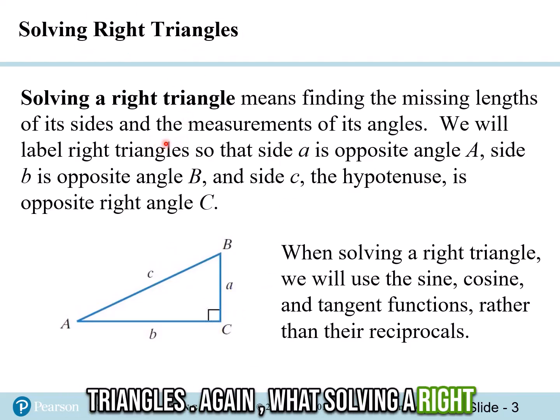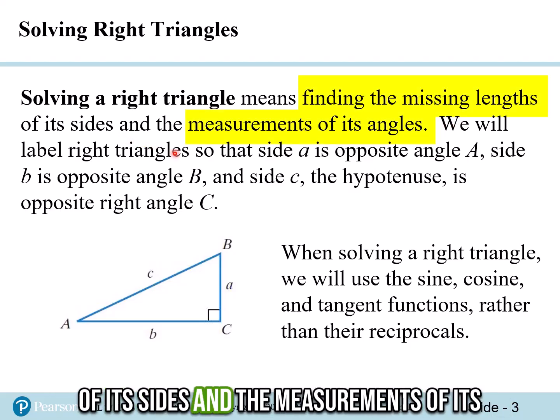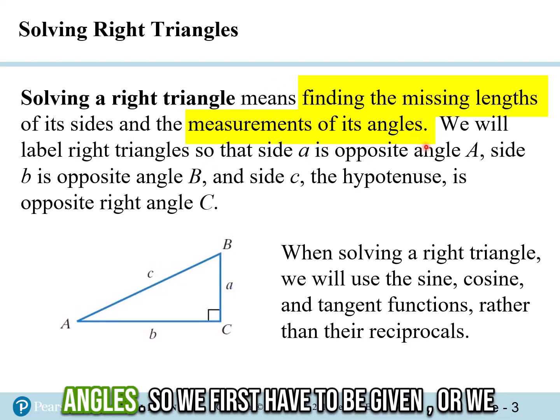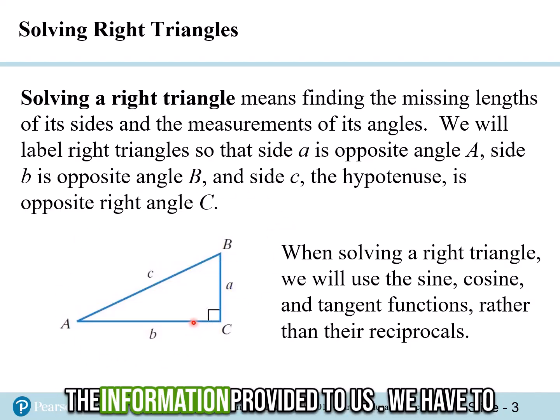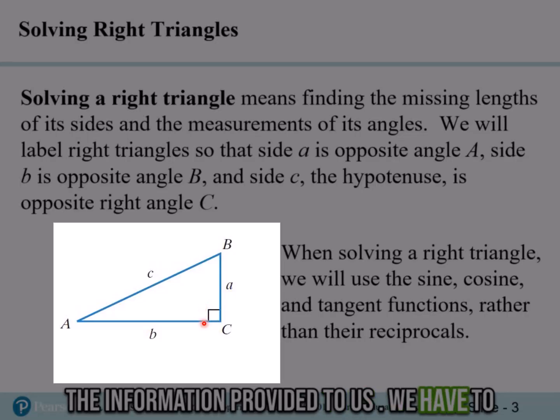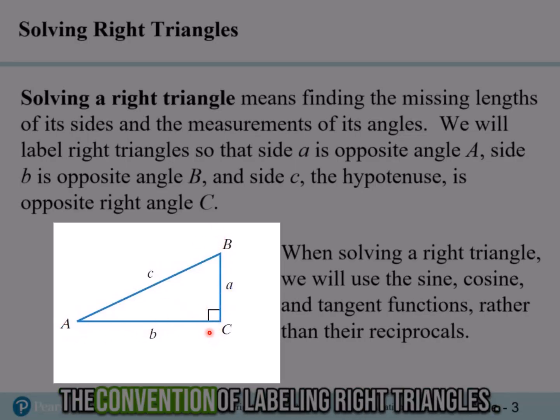Again, what solving a right triangle means is finding the missing lengths of its sides and the measurements of its angles. So we first have to be given, or we have to first draw a right triangle based on the information provided to us. We have to label the different angles correctly using the convention of labeling right triangles.